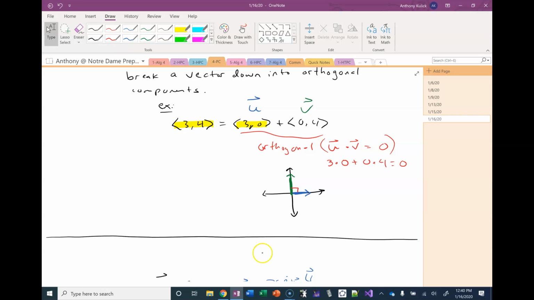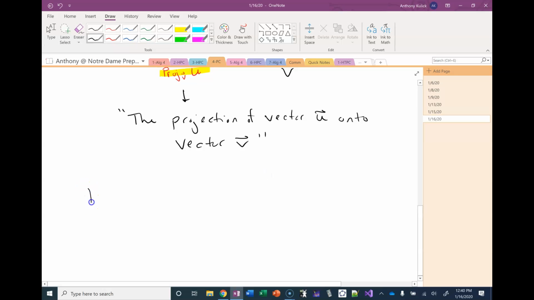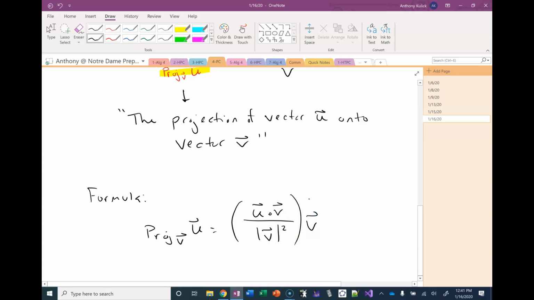Okay, so now that we've explained geometrically how to do this, what we want is a formula. So this is my formula for the projection of vector u onto v.